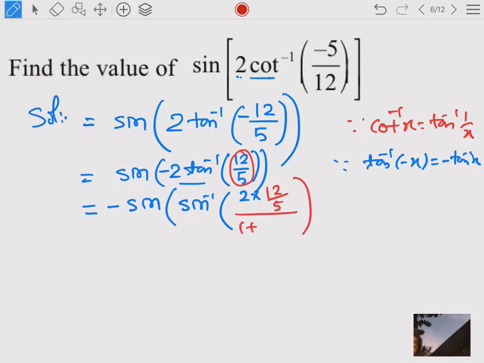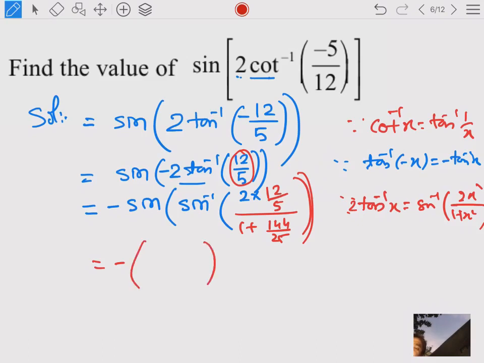divided by 1 plus 144 by 25. Here we are using the formula 2 tan inverse x is equal to sine inverse of 2x upon 1 plus x square. Now to find sine of sine inverse, the sine inverse will be removed, and when we solve, the answer will be 24 into 5 divided by 169, and 24 into 5 will be 120, so minus 120 by 169, and this is the answer.